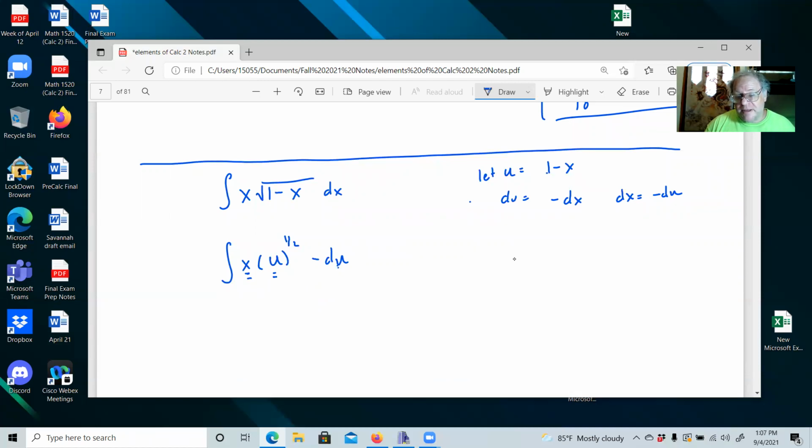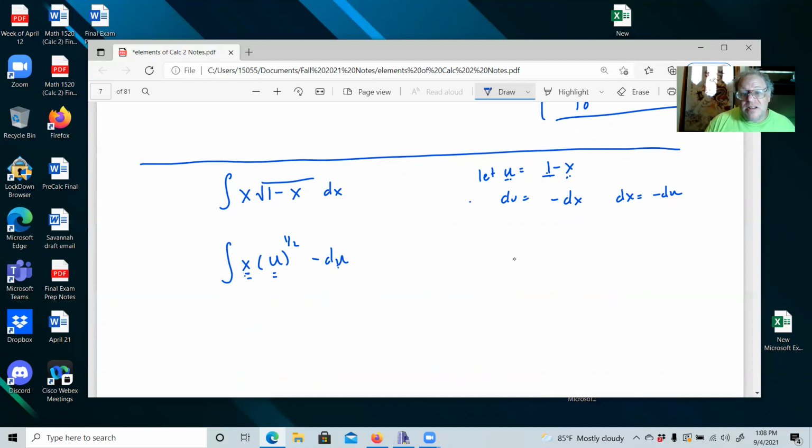But u and x are not independent. u depends on x. X you can pick, but whatever you pick for x, u is going to have to suffer because that's what the choice was for x. So these are not independent. You cannot just integrate this willy-nilly. If you end up with two different variables in your integrand inside of the integral, you're not done. There are other substitutions you can make.